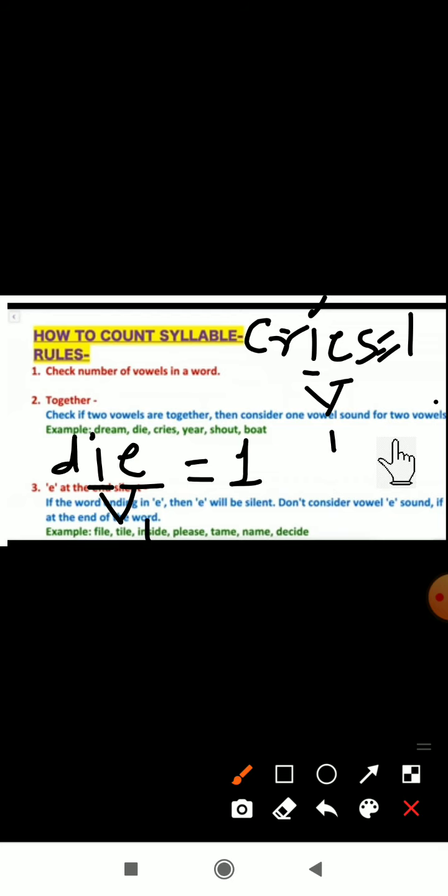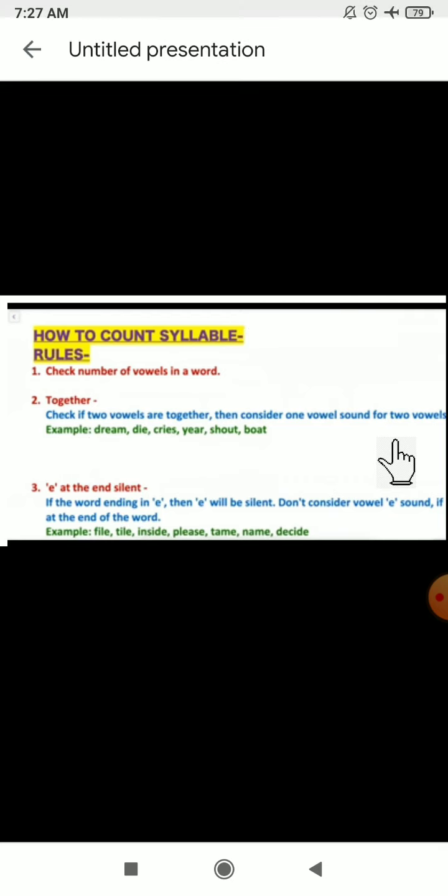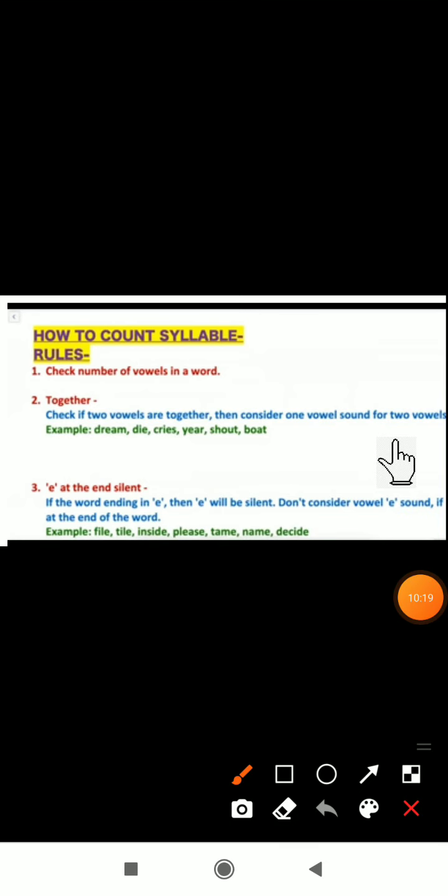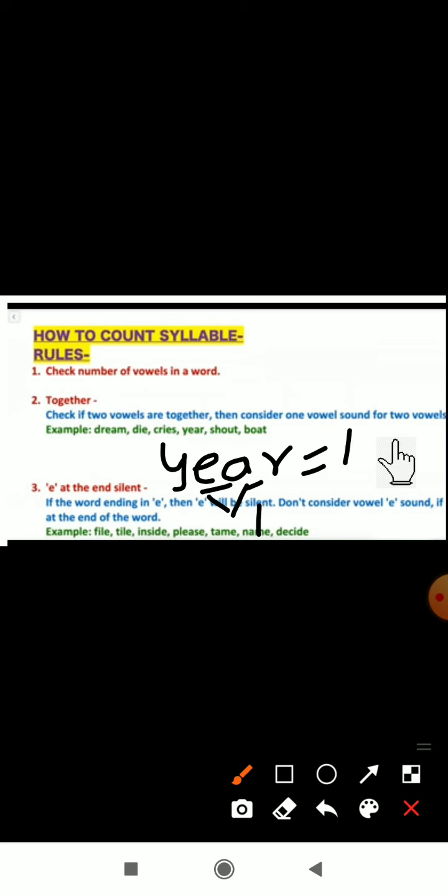Next, ear. Y-E-A-R, year. In that also E and A, two vowels are there, but they both are together. So what are we considering? These both we are considering as one. Again, remaining vowels, no. So only one syllable here. Like shout and boat, these both also you have to find. S-H-O-U-T, shout.